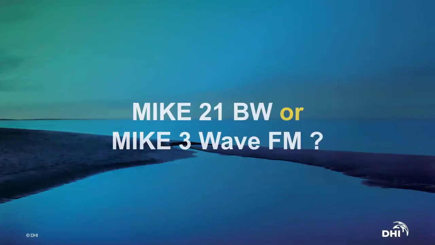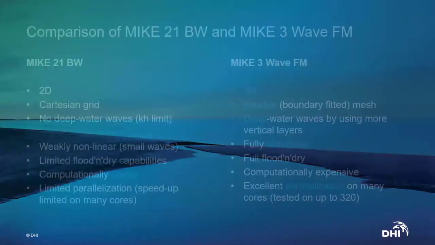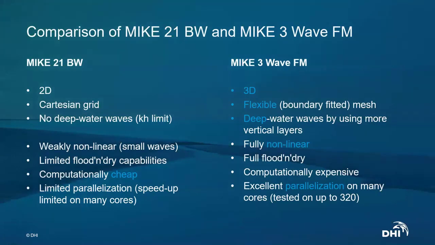So next up, let's talk about when to use MIKE 3 Wave FM and when to use MIKE 21 BW. MIKE 3 Wave FM is a fully nonlinear, fully non-hydrostatic model, meaning that everything that MIKE 21 BW does can also be done in MIKE 3 Wave FM and more.